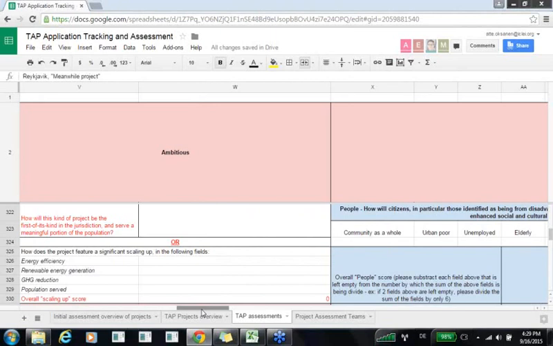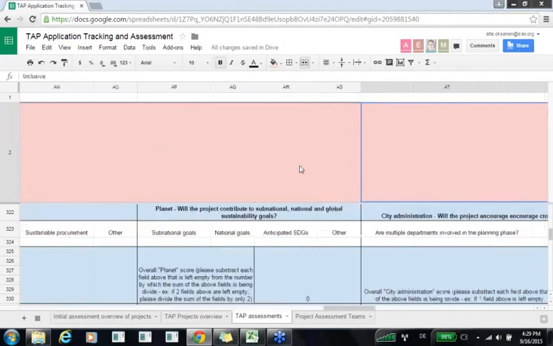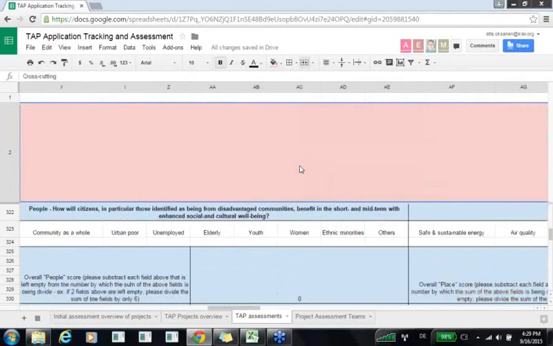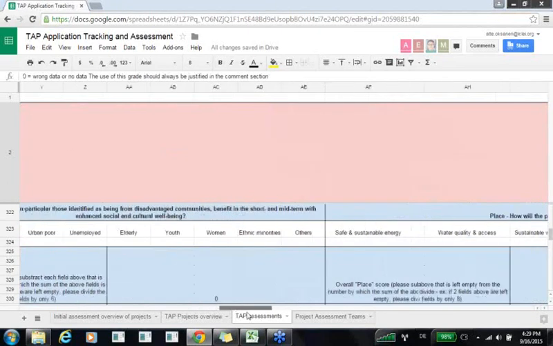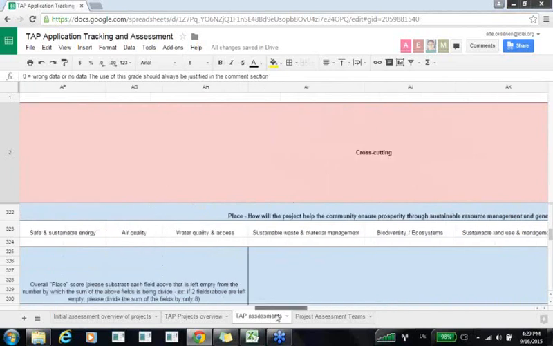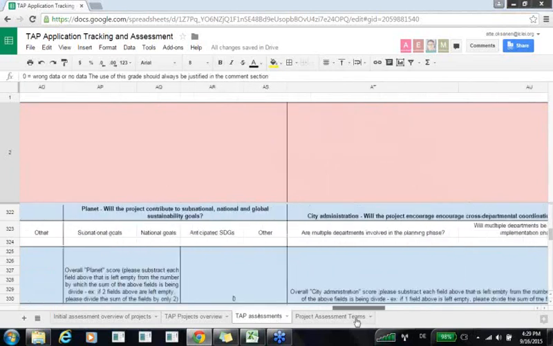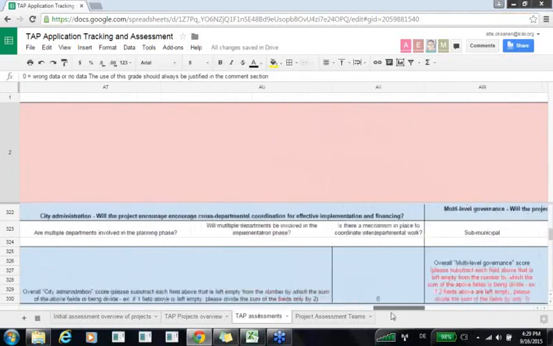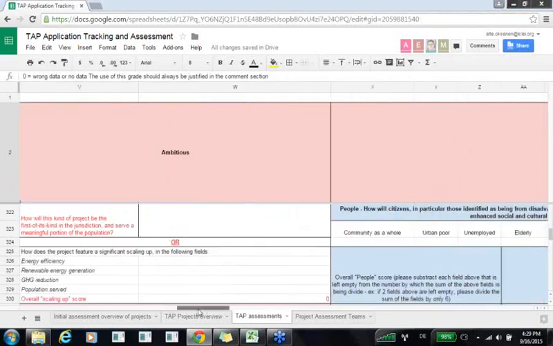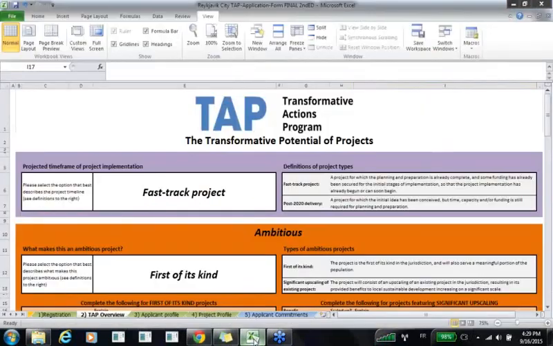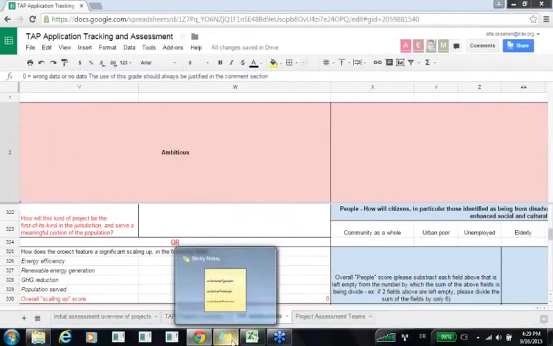So that's ambitious, cross-cutting, and inclusive. So we will be grading according to these 3 criteria, like I said, that are also the criteria that can be found in the TAP Overview tab in the application form.